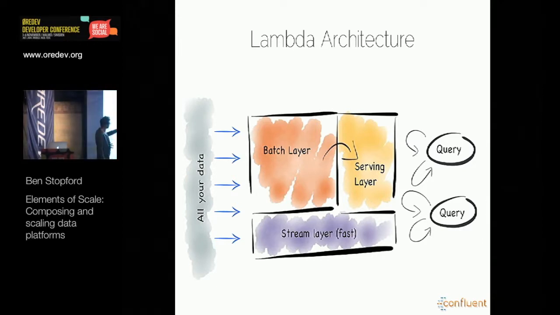A lot of Hadoop data flow platforms will have a pattern where they ingest data, push data through a range of different forms, come up with the results that they require, and put them into a serving layer so that people can query them. That's a very typical pattern. And one of the problems with this is that the batch layer can take quite a long time.